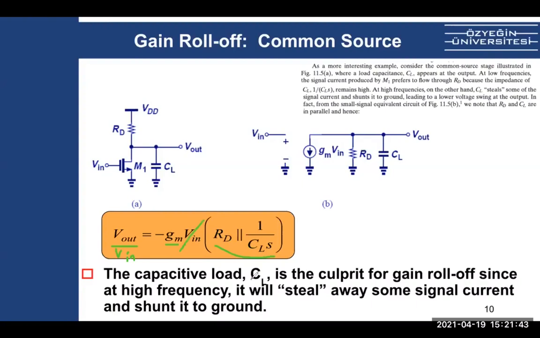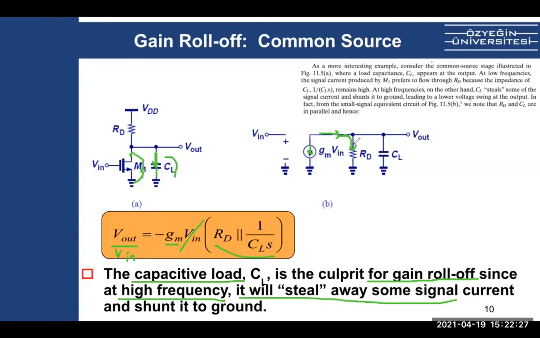But now, the capacitive load is the one causing gain roll-off, because as we mentioned, at high frequency it will steal away some signal, which means at high frequency this cap impedance is small, right? Because it is small, the current here, the gm V in current, minus of it, will go here, and if there was no cap, all of it would go here to RD. I'm assuming RO is infinite, okay?